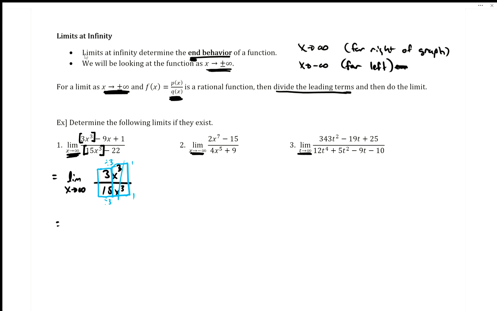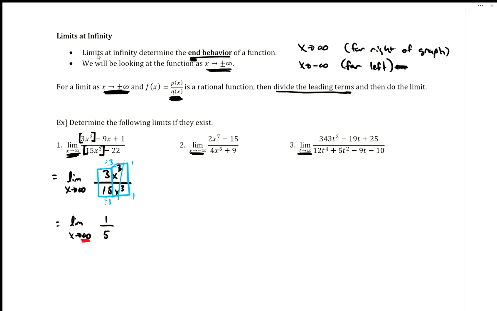Then I can rewrite this as the limit as x goes to infinity. 3 and 15 each divided by 3, so we would have 1 over 5. And then we see there's no other x in this expression anymore. So that means this is just the final answer. If I don't have anywhere to plug in the x, that means we're done.